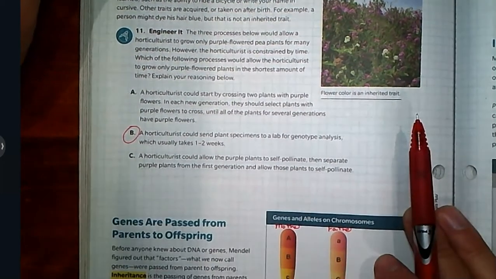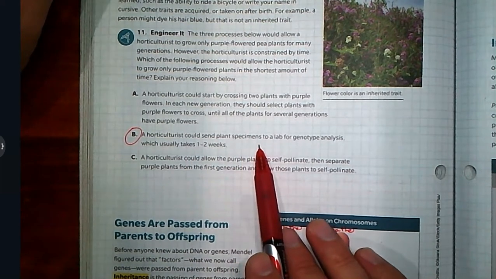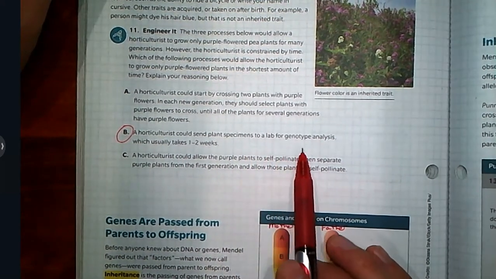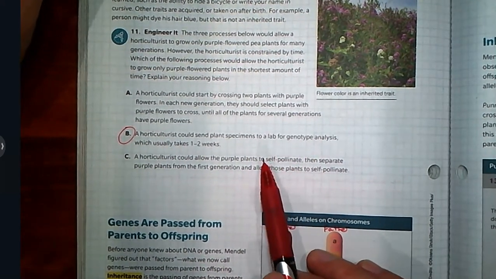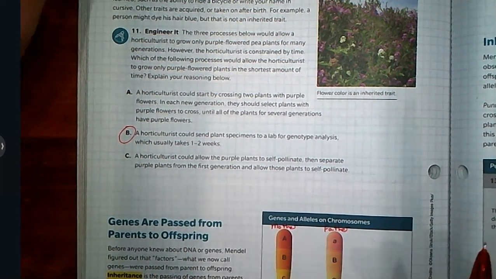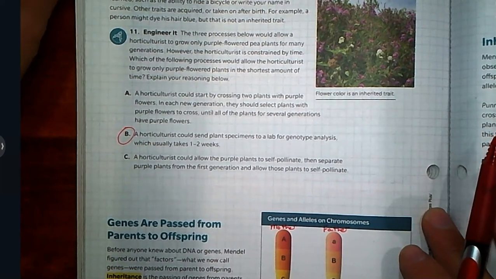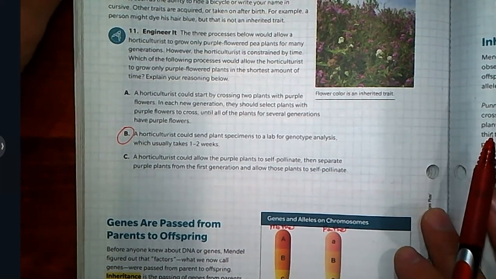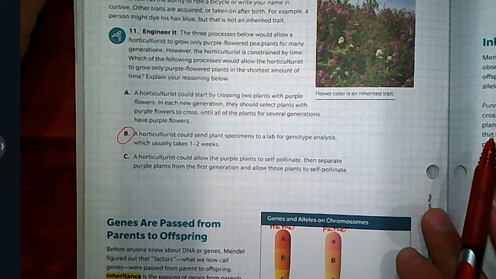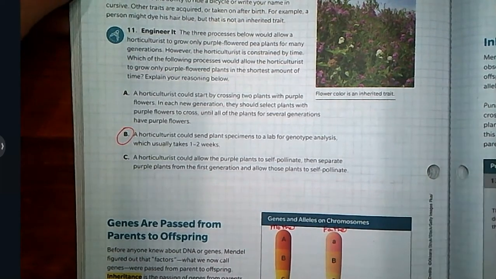So the horticulturist could send the seed plants or specimens to a lab for genotype analysis. It would actually tell what the genotypes of those plants are. It usually takes a couple weeks. Humans can actually do the same thing. That's kind of what happens if you ever send your DNA sample to Ancestry DNA or 23andMe, those companies that provide that service to humans.